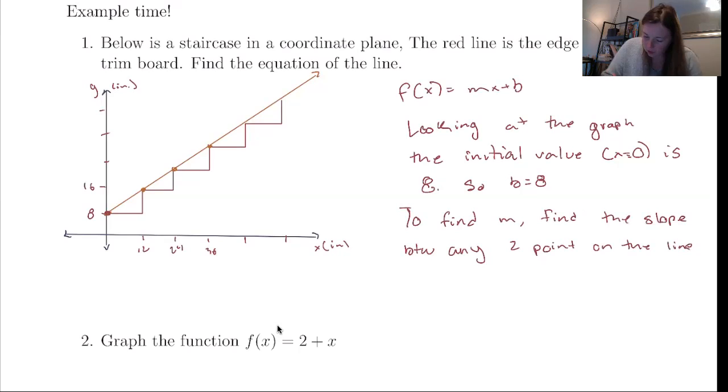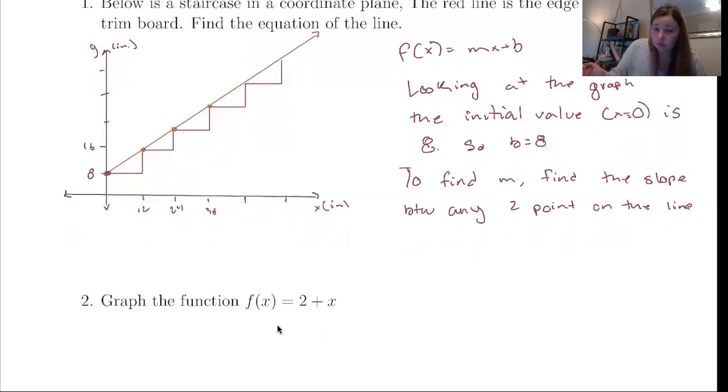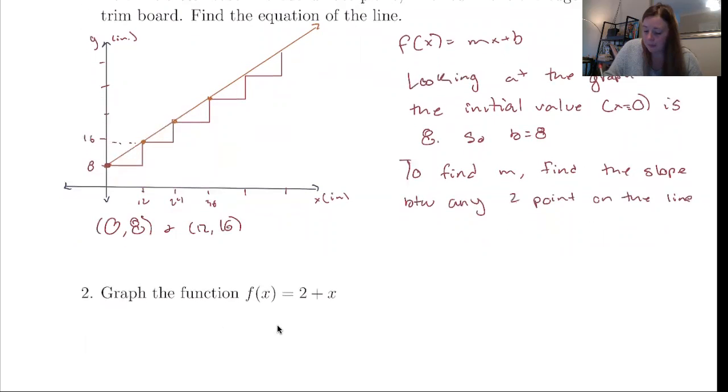All right, so I usually like to do something that has 0 involved. So 0, 8 is a point, and I know that because that's my initial condition. And if I go over when x is 12, y is 16, okay?